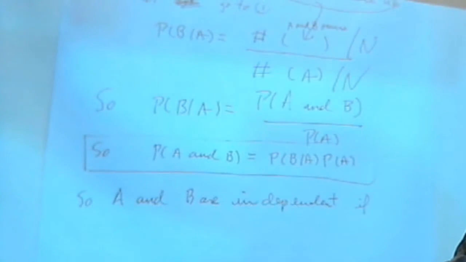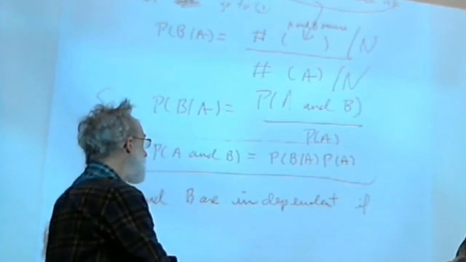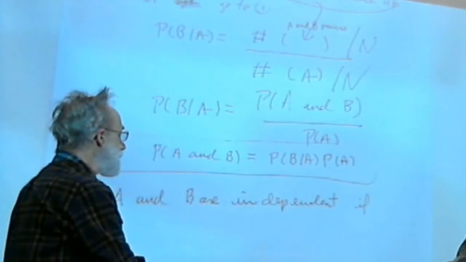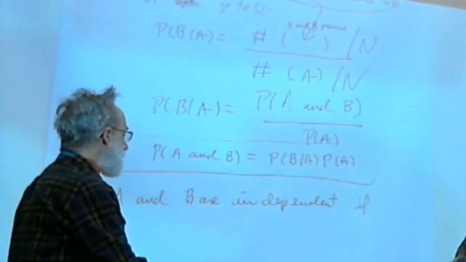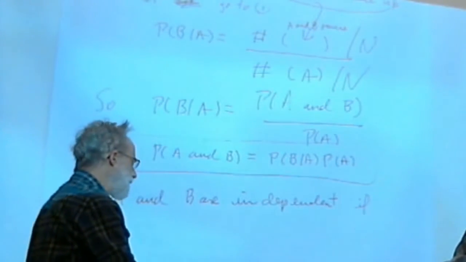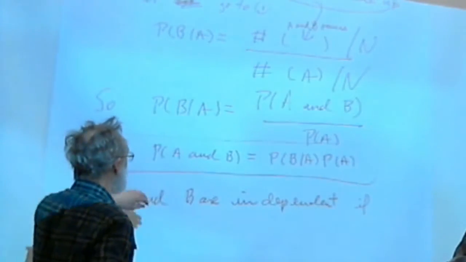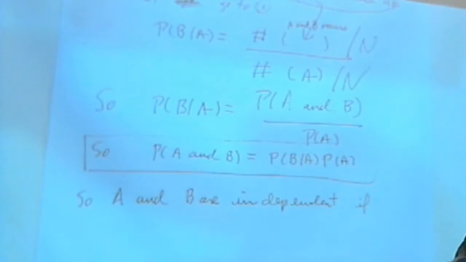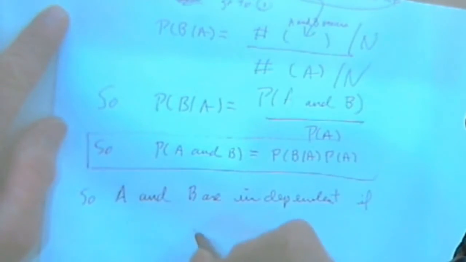A and B will be independent if the probability of B given A is the probability of B, and that would mean that the probability of A and B would be the product of the probabilities. That's actually taken as the definition of independence, because you don't want to worry about the conditional thing, where A must occur, and you don't want to get into worrying about dividing by zero. So usually this is just taken as the definition of independence.